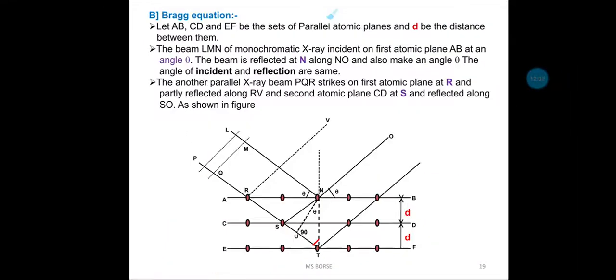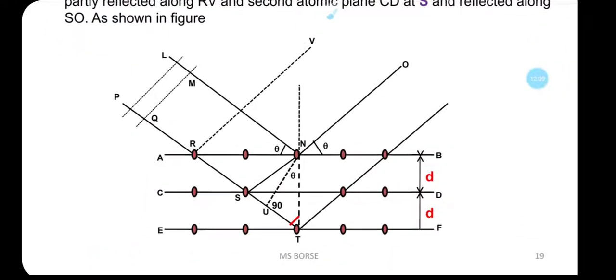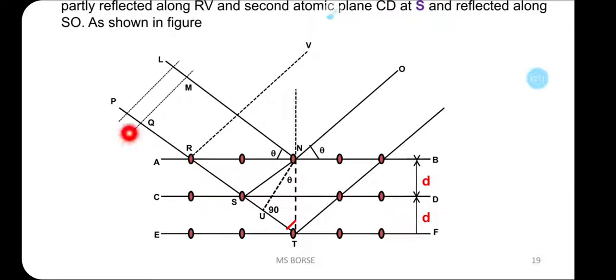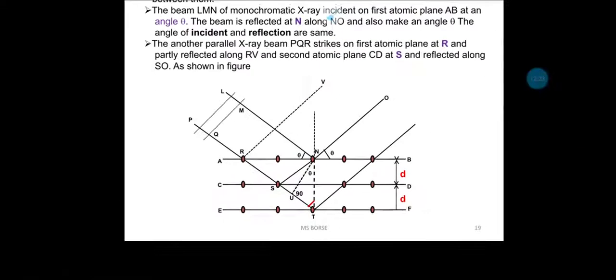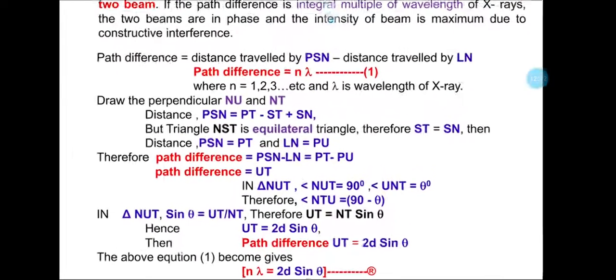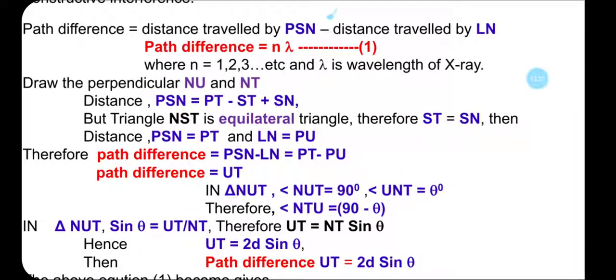If you see the figure, PSN is equal to PT minus ST plus SN.